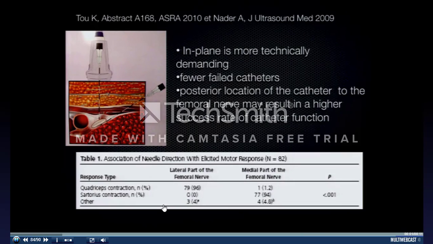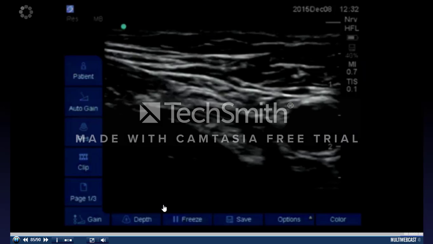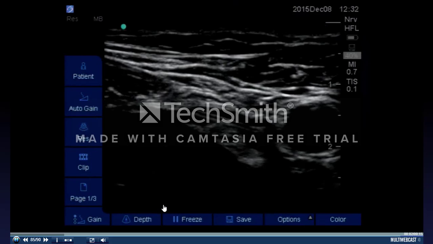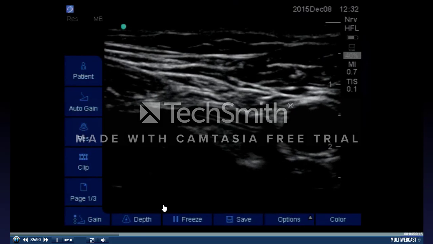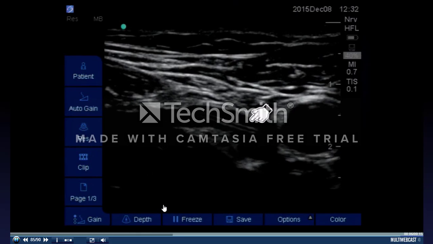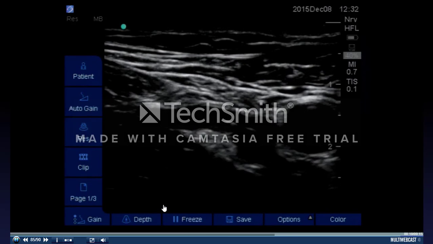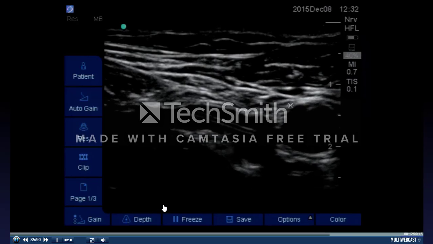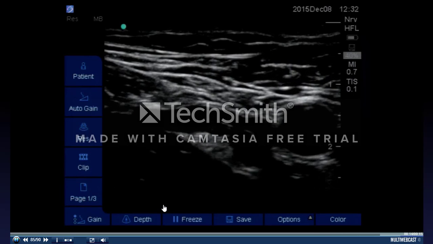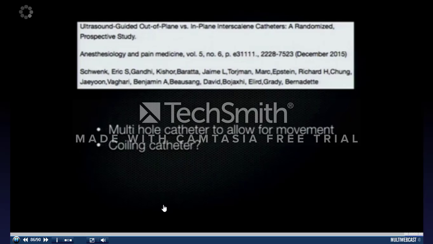When I use an in-plane technique for my catheters, I tend to use a multi-hole catheter just to allow for some movement. I think this is particularly important when you're doing interscalene, but this is just a picture of a femoral nerve catheter, catheter placed above the actual nerve, and I'm injecting through the catheter, watching the expansion of local anesthetic.